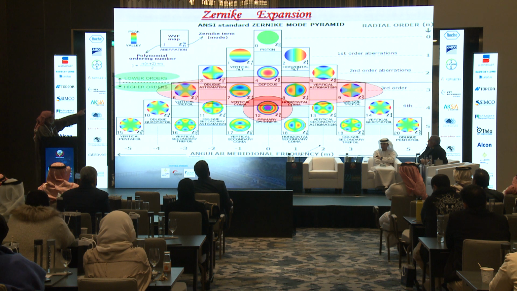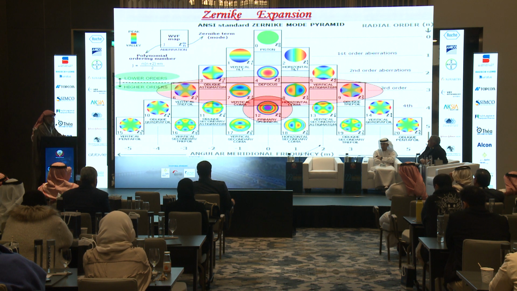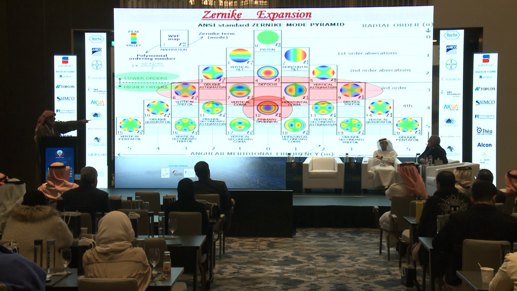Then these are the low order. The second order is the low order, and this is the one which is corrected by glasses. So your glasses only correct sphere and cylinder. That's it. Now from down here, your high order aberrations start, and it is a long way down. But what's really more important to us is the coma, whether horizontal or vertical, number 7 and number 8, and spherical aberration, number 12.